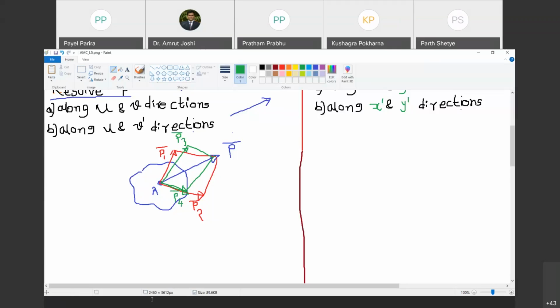हाँ, तो अब जरा देखो, हम रिजोल्यूशन की डेफिनेशन अभी करेंगे और कंपोनेंट की डेफिनेशन करेंगे. What is the definition of resolution of a force along two directions, two or more directions for that matter, but right now we will consider two.